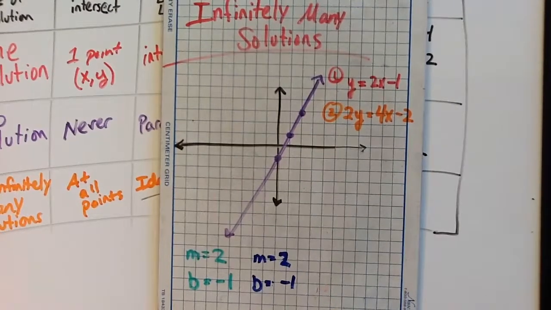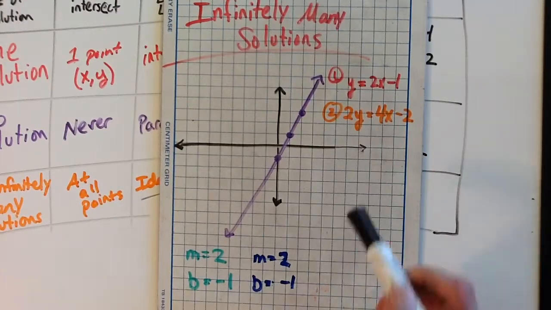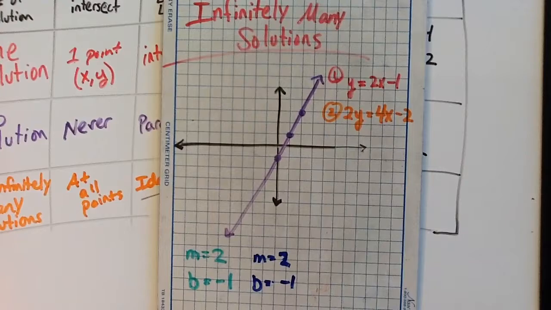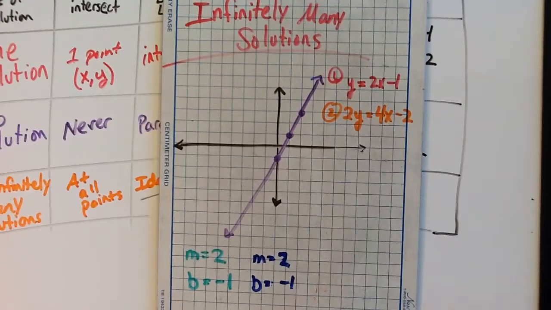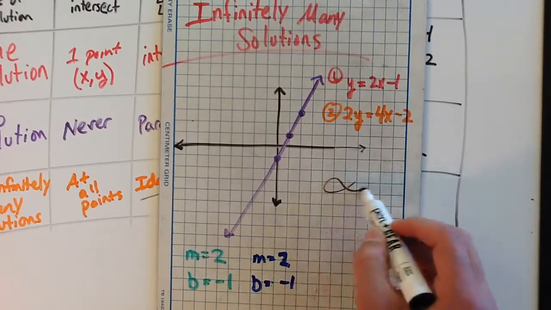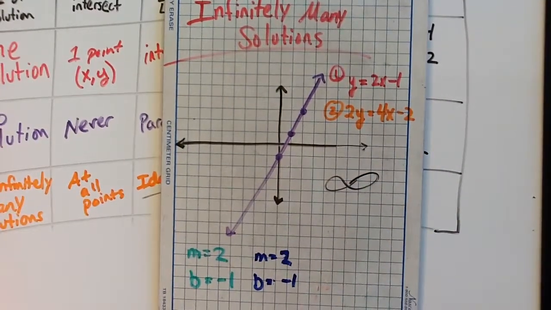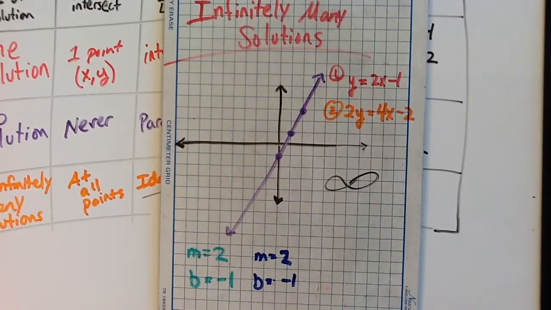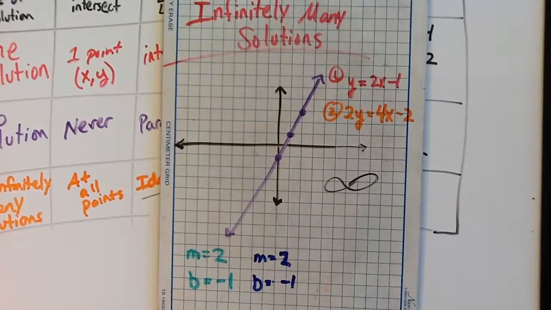And so both of these lines are intersecting at every single point on the line. Every single point on the line is an intersection. And so we say there are infinitely many solutions, which, again, sometimes we write with the sideways 8, the infinity symbol, to show that there are infinitely many solutions to the system.